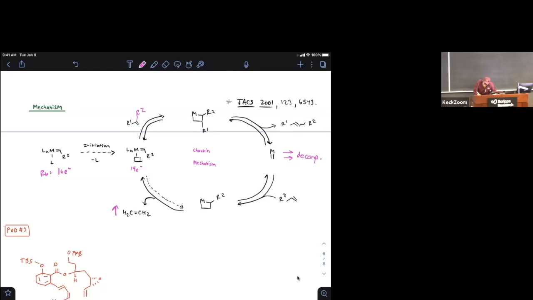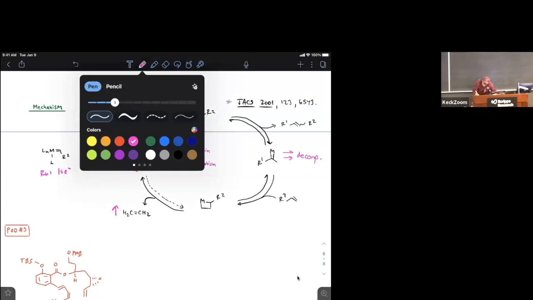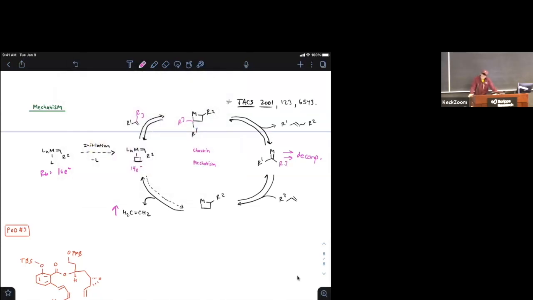Then you start to make very highly substituted alkylidenes that then are not able to engage another molecule of that very hindered alkene to promote what would need to happen for the homodimerization.